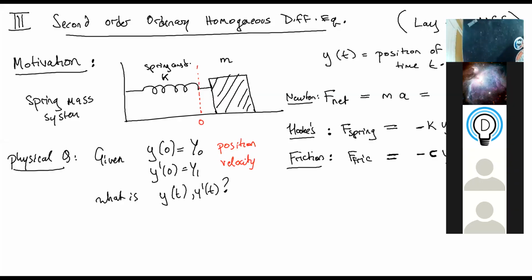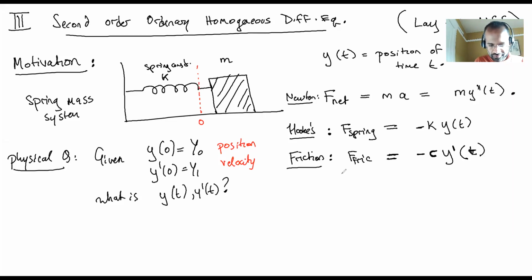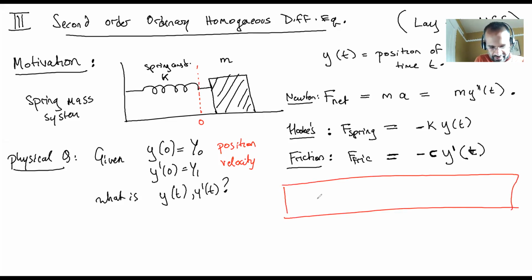The point is that this is some kind of equation. The basic thing in physics is that the net force is 0, because there are no other forces acting on this. So this function y is described by this equation: m y double prime of t plus c y single prime of t plus k y of t is 0.